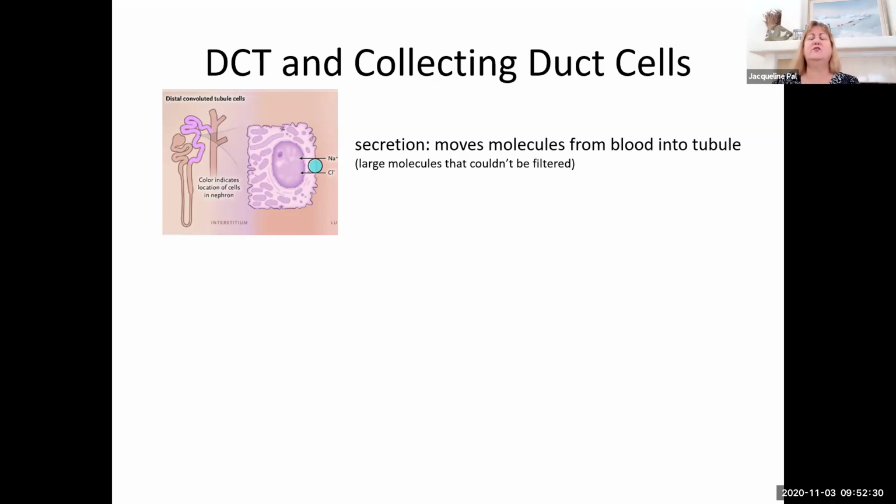So these are going to be cuboidal cells, just like we had in the proximal convoluted tubule, but they're not going to have the microvilli for increasing surface area, and although they do have mitochondria, they don't have the same number of mitochondria as seen in the proximal convoluted tubules.